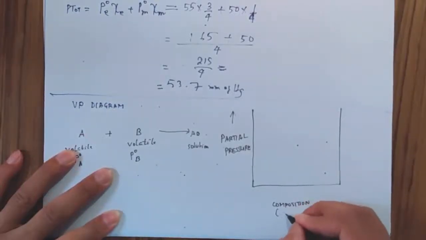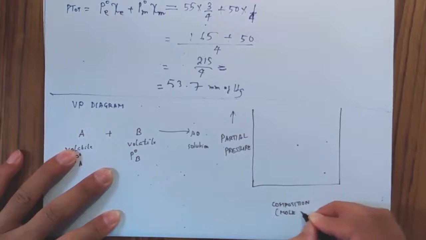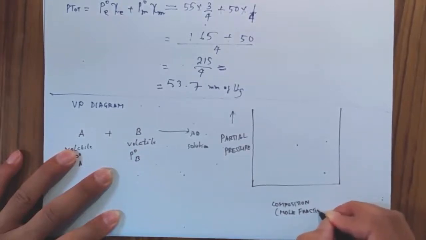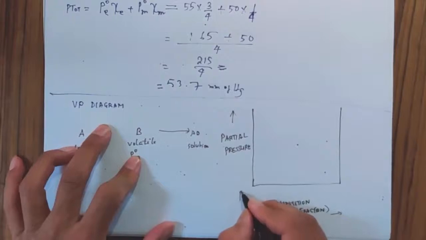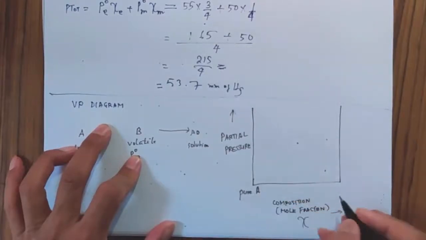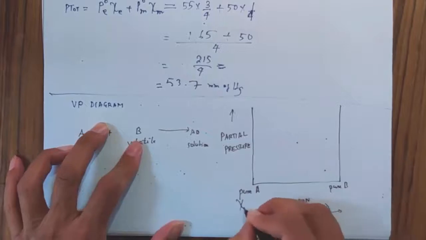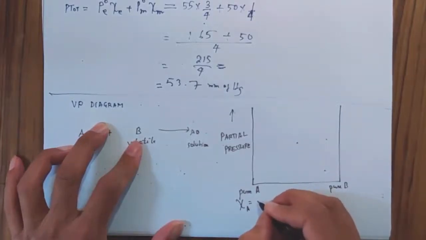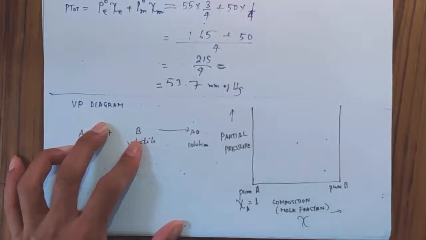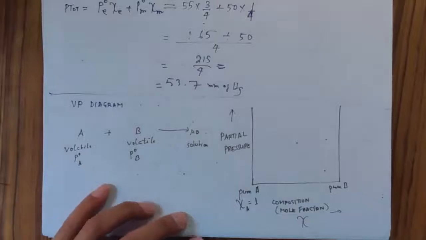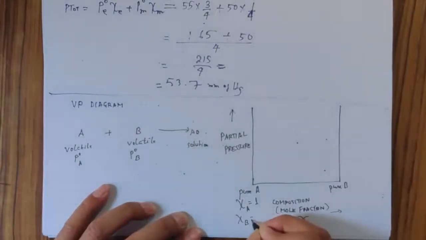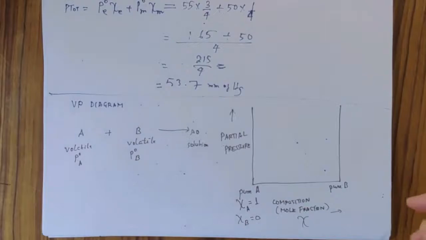On the axis we take mole fraction, from pure A to pure B. At pure A the mole fraction of A is 1, and the mole fraction of B is 0. Both summations have to be equal to 1.